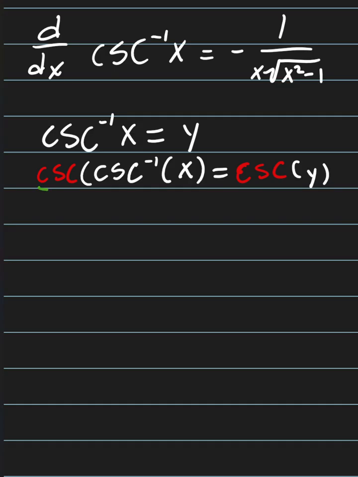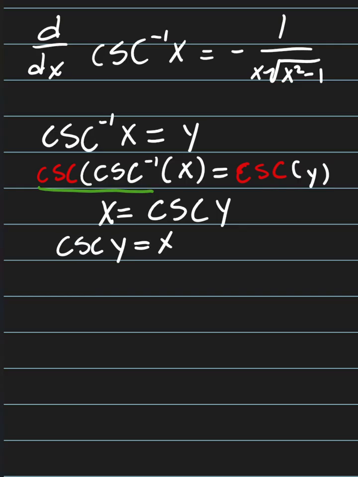As we know, these two are inverses, so they cancel out, which means we're just left with x. So now we have x is equal to cosecant of y. To make it a little bit cleaner, I like to write it as cosecant y equal to x. It's the same thing.